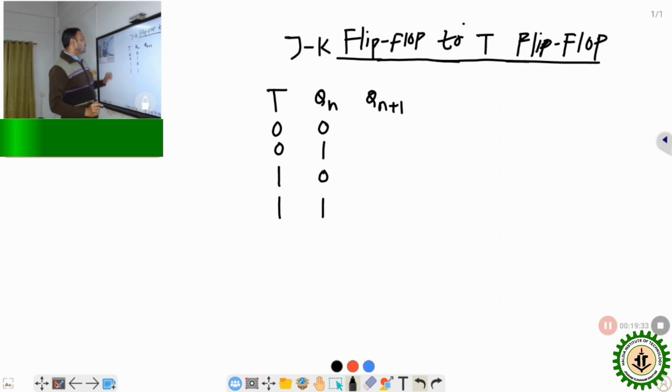T equals to 0, so Qn 0, so that will be unchanged, so 0. T equals to 0, unchanged 1. T equals to 1, that means it will be opposite, so 0 gives 1. T equals to 1, opposite 0.